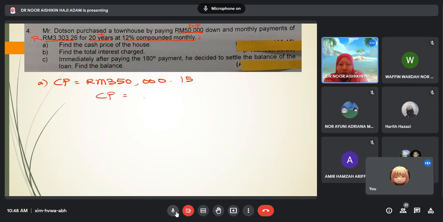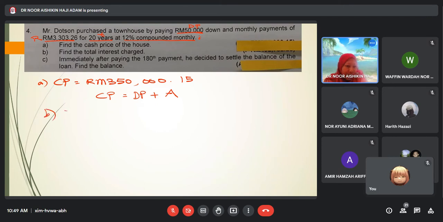CP equals to down payment plus loan. Sebab takkan dia nak beli rumah yang I'm sure jauh lebih mahal daripada RM50,000 because that is just a down payment. So mana datang duit yang lain tu, bukan daripada dia kena buat loan. So down payment plus the loan amount becomes the cash price of the house.